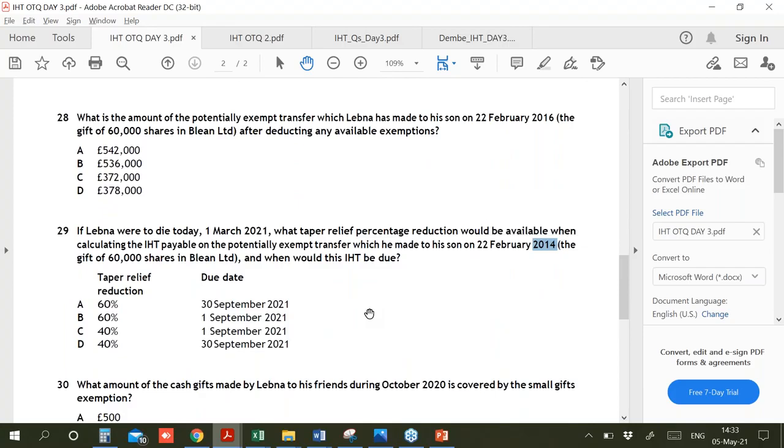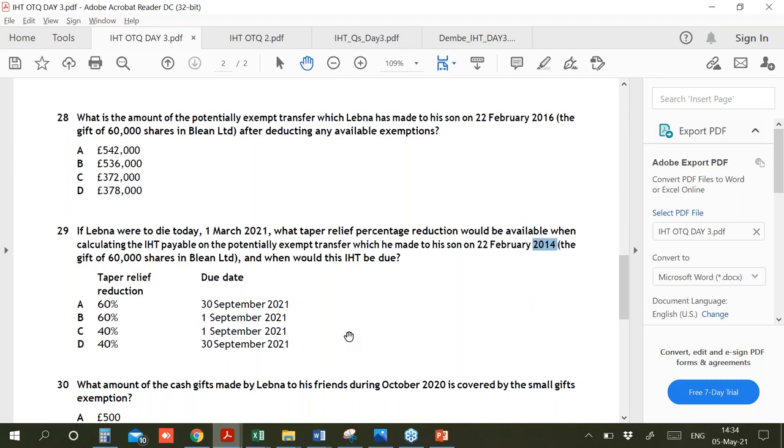Now for this MCQ, even if I don't read the question, I can answer this. Why? Because the death date has been given to me, and by using the death date, I can not only calculate on which date the IHT needs to be paid for the death estate, but also the percentage of the taper relief. Do remember that for taper relief, the table will be given to you in the question.